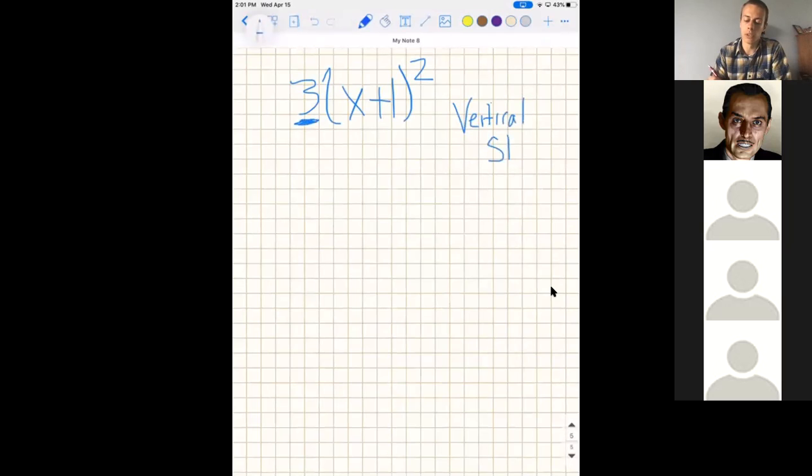If it were on the inside, and this is a little bit of extra stuff that a lot of times we don't get to, if this 3 is on the inside, this is actually a horizontal shrink.